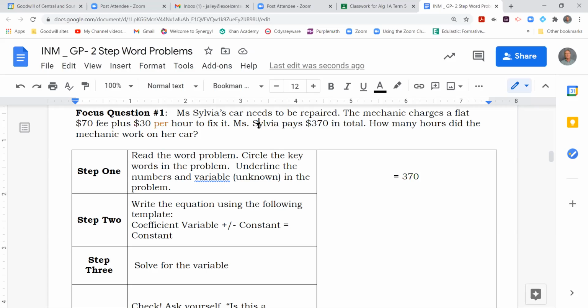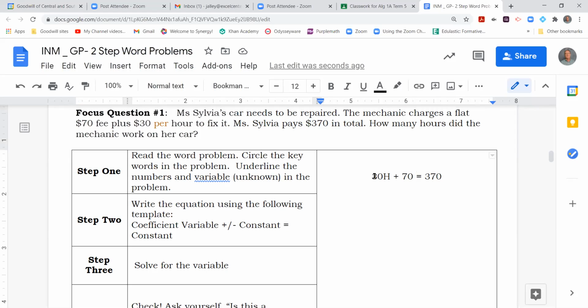That's a changeable amount. It's going to change depending on how many hours somebody works. So there's my variable right there. And so I'm just going to write 30H. The 70 will go next. It's a one-time charge, 30H plus 70. Boom, you got your equation.